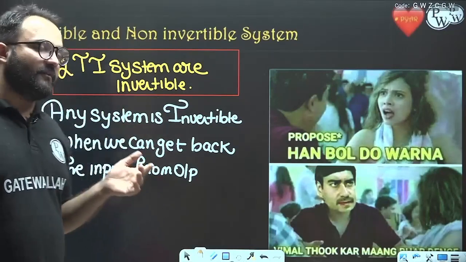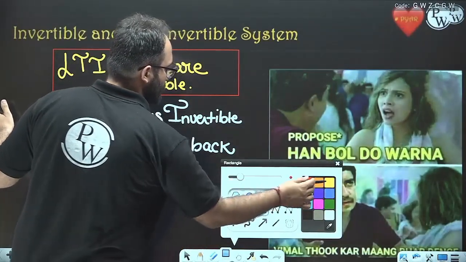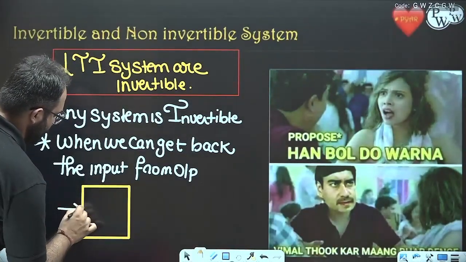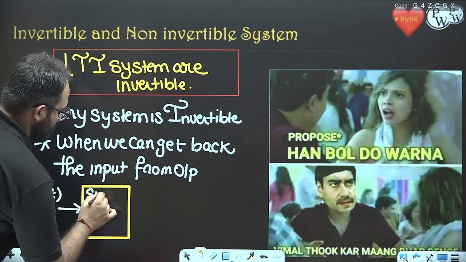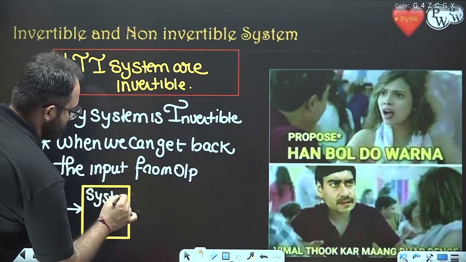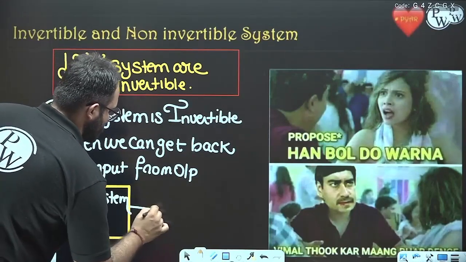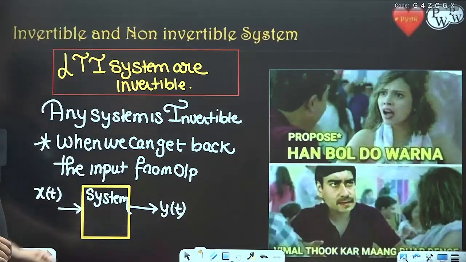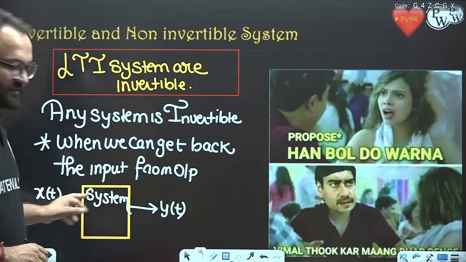Suppose we have a system where the input is x(t) and the output is y(t). This system will be invertible if we can get back the input signal x(t) from y(t).